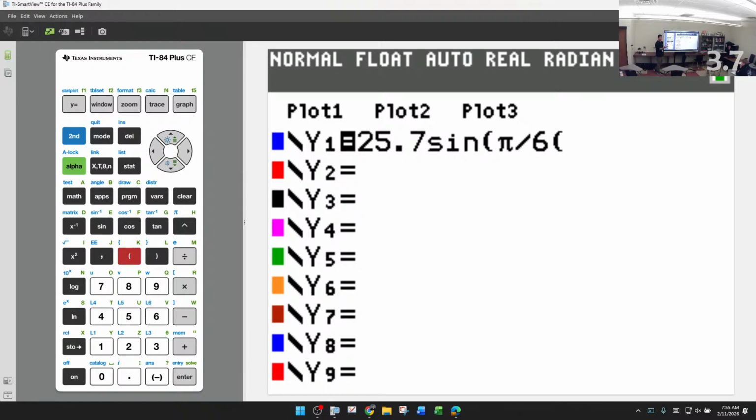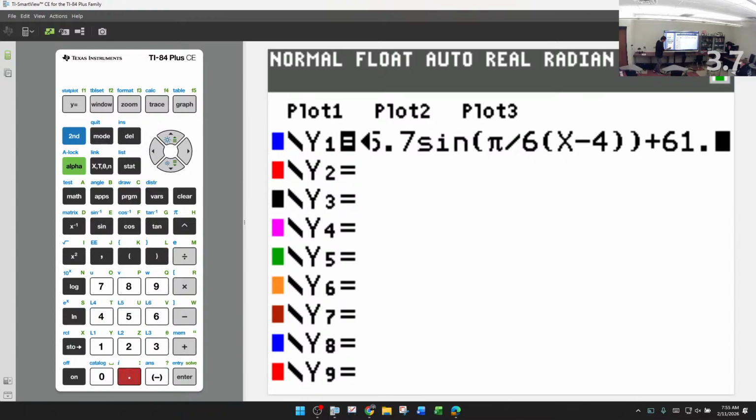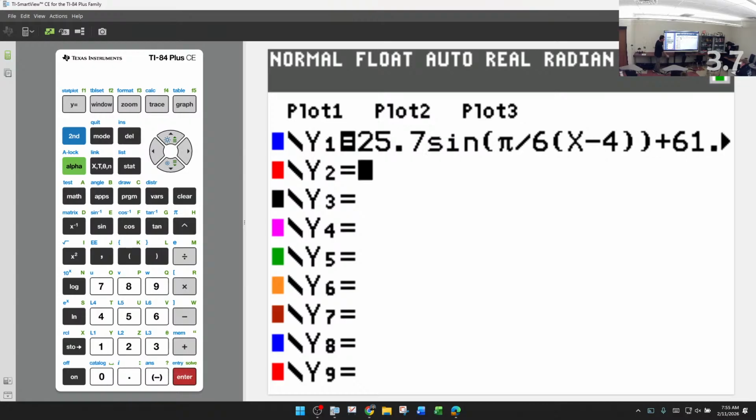So this one, yours says T or something, right? Or M, right? So that's where I'll just put an X. And minus a 4. Close that parentheses and close that parentheses. And then I got plus something. Good enough? And if I hit graph, there's no telling what mine's going to look like.